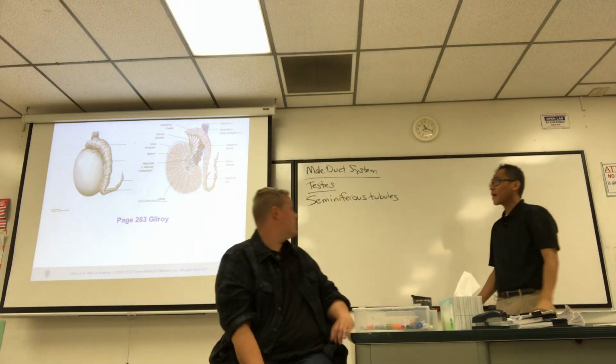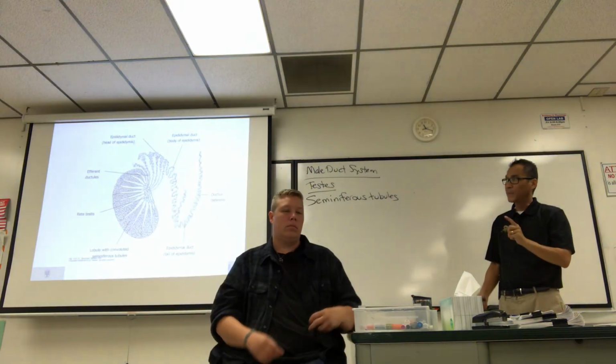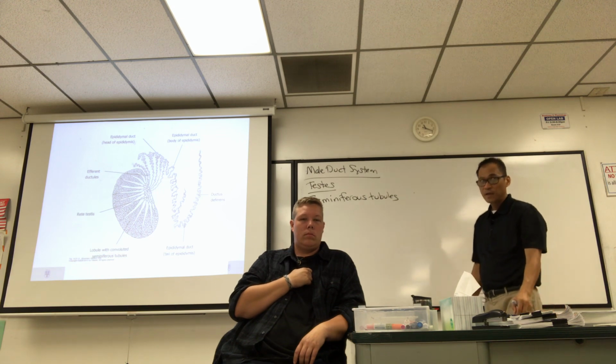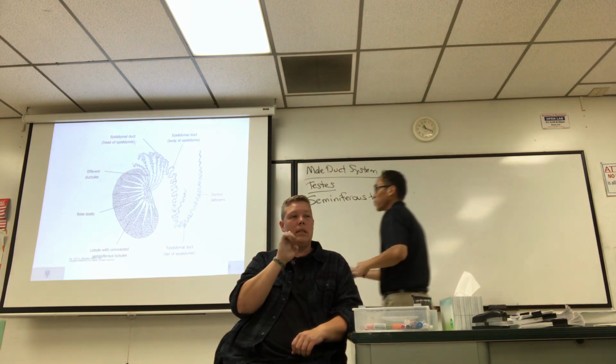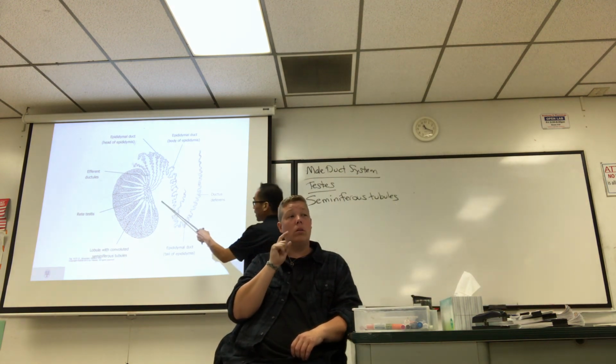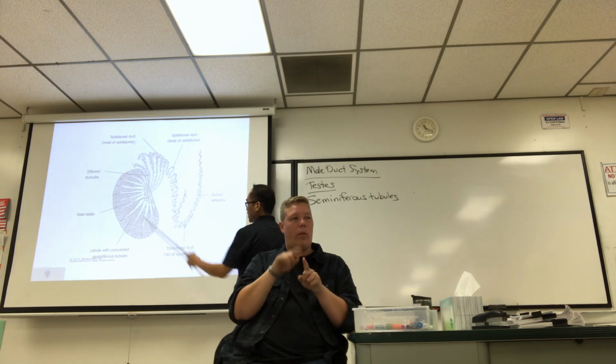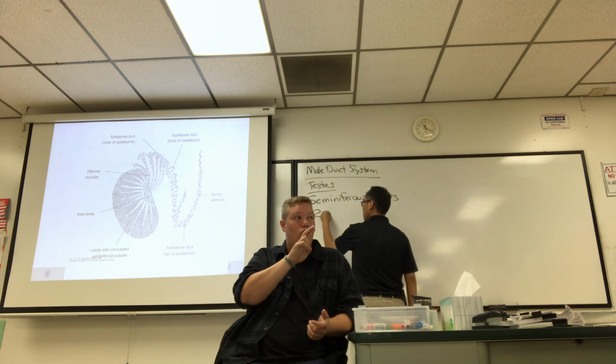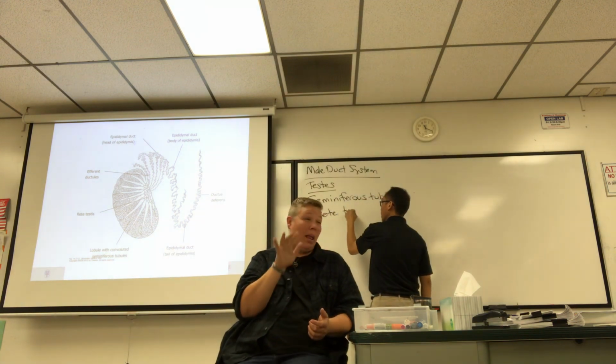Seminiferous tubules, and after that, what I did was I included a picture that just has the ducts, nothing else. That's this picture. As you can see, the seminiferous tubules converge onto this little net-like structure called the rete testis. Rete means net. So that's the next structure to list.